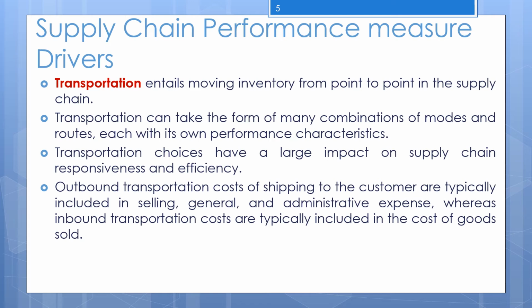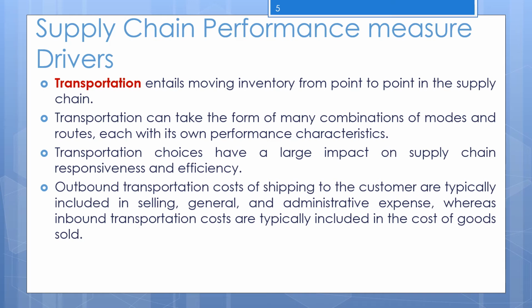Each mode has different characteristics with respect to speed, size of individual parcels, cost of shipping and flexibility, and it depends upon the company to decide which particular mode they prefer.